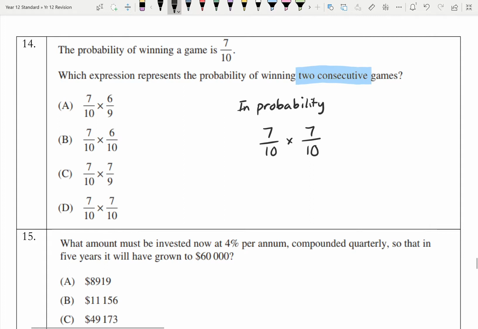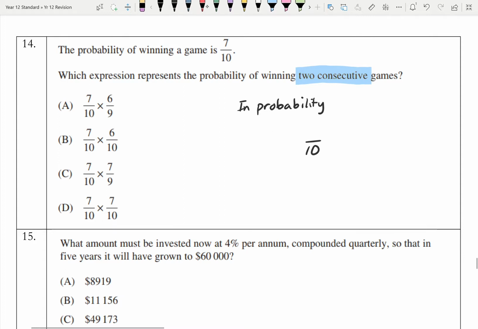So in this case, if my bullseyes are both 7 out of 10, for example, I'd times it by itself. If it was something different, if it was probability of me throwing a bullseye and then probability of me hitting the board, clearly that's more likely, and you times those probabilities together.